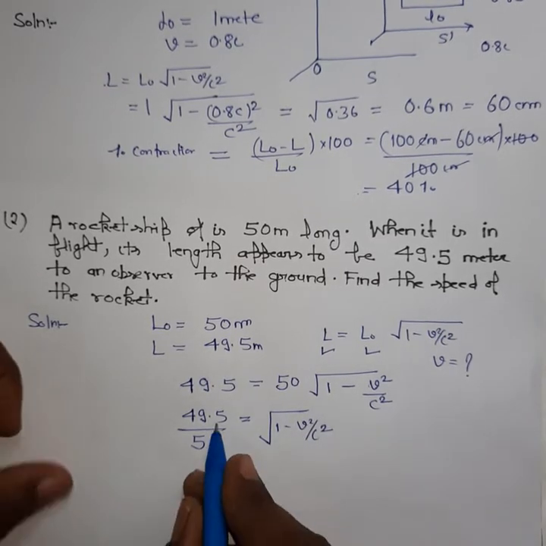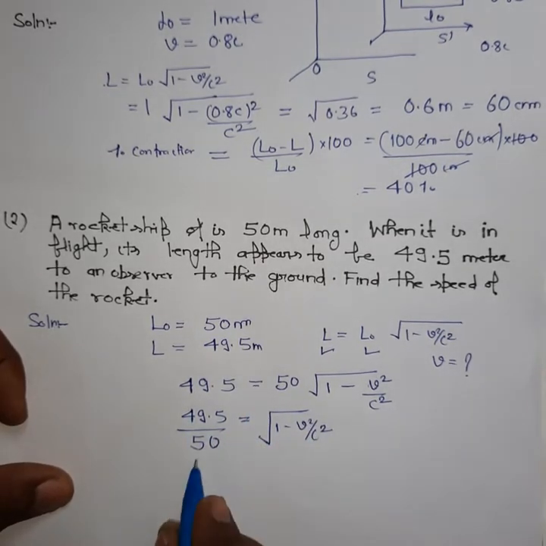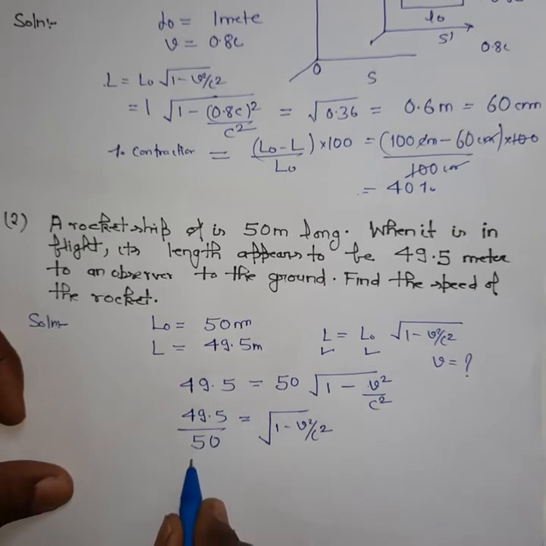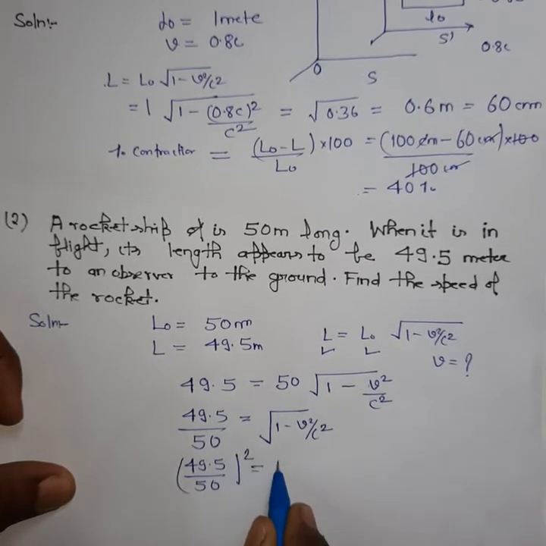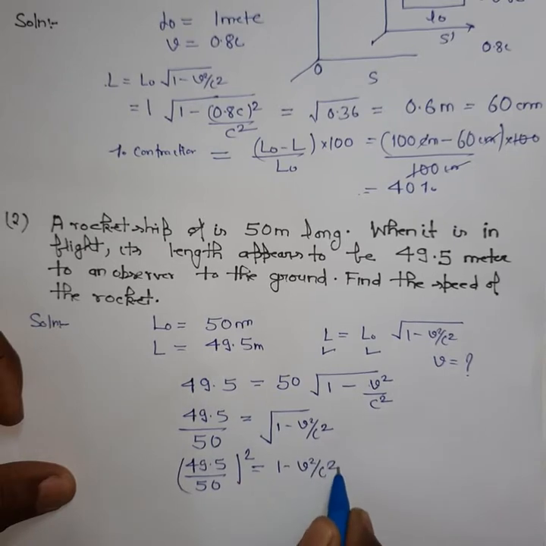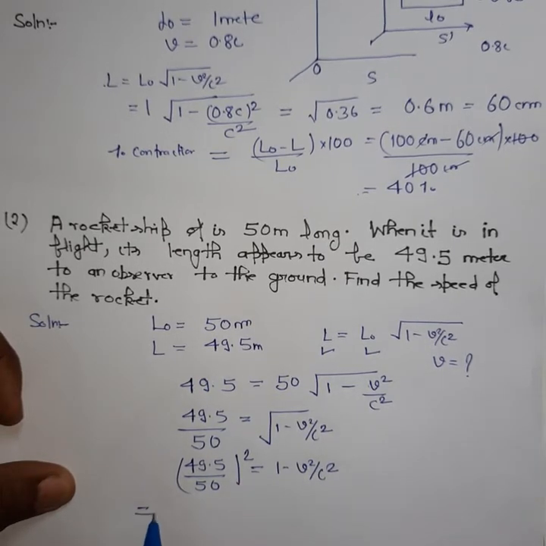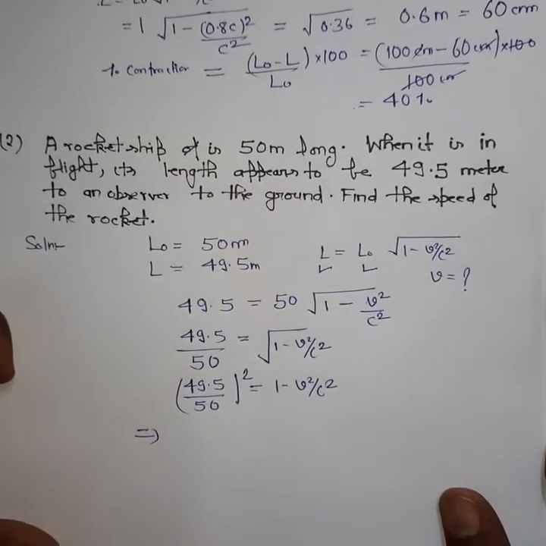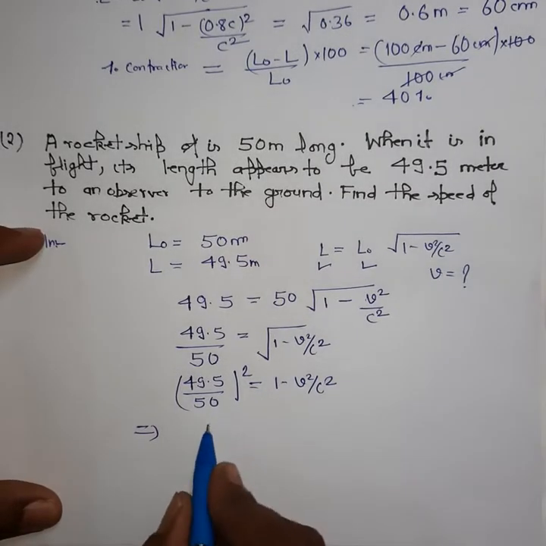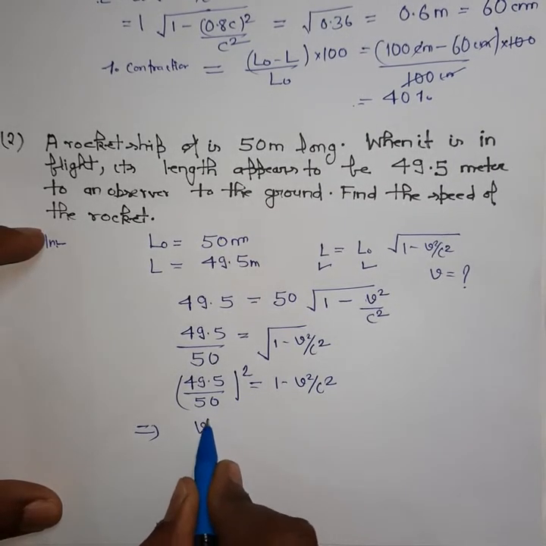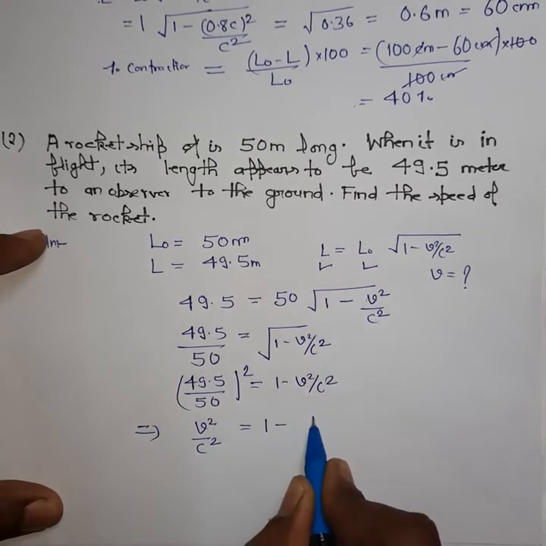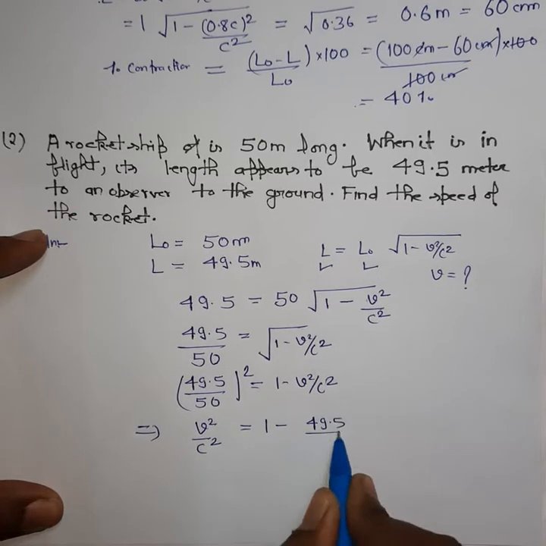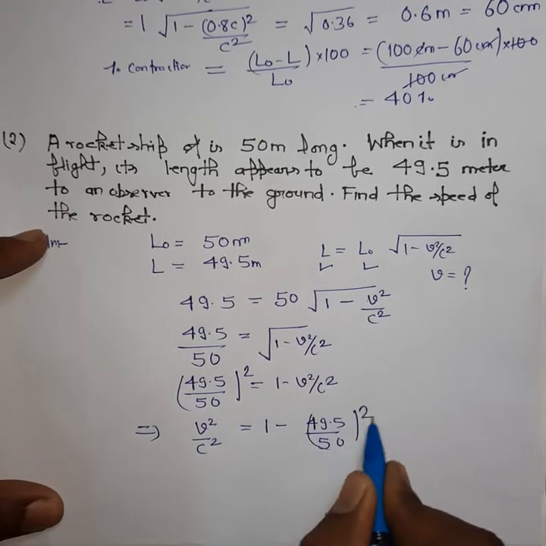Now we can take the square of both sides, so we'll get (49.5 divided by 50) whole square is equal to 1 minus V square by C square. So from this expression we can get V square by C square is equal to 1 minus (49.5 divided by 50) whole square.